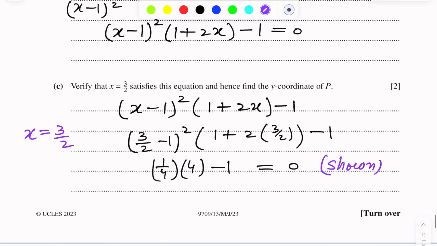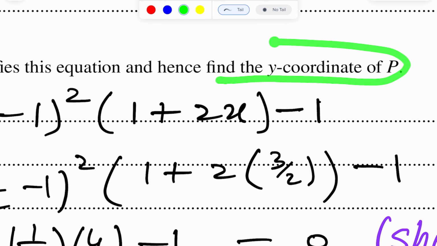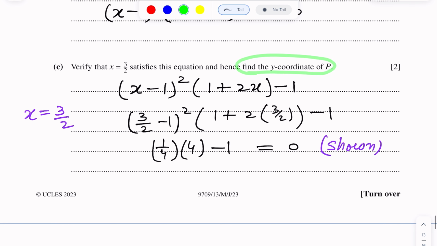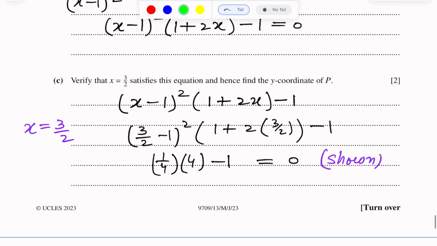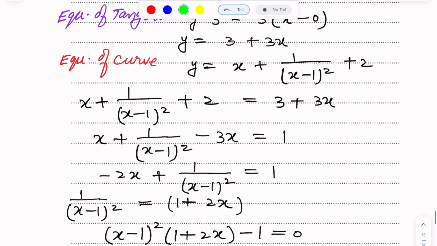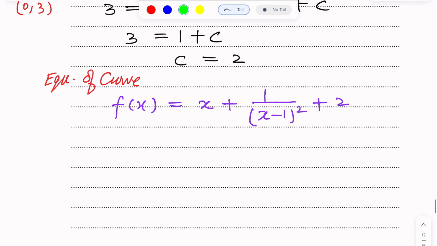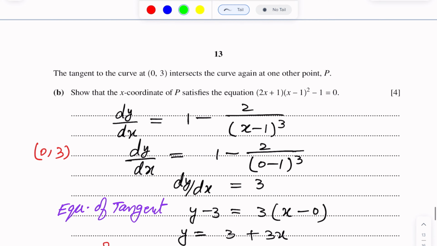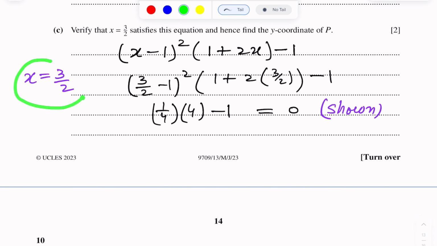Now next we also have to find the y coordinate of point P. Putting this value of x in y, we have the equation of the curve already found. f(x) is y, so we will find the value of y by putting x is equal to 3 over 2.